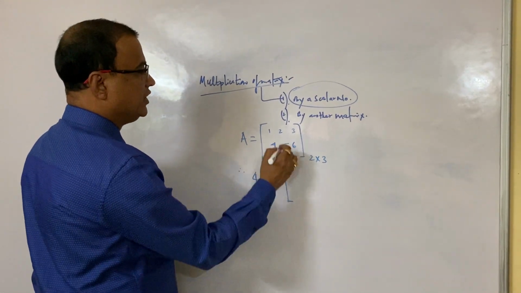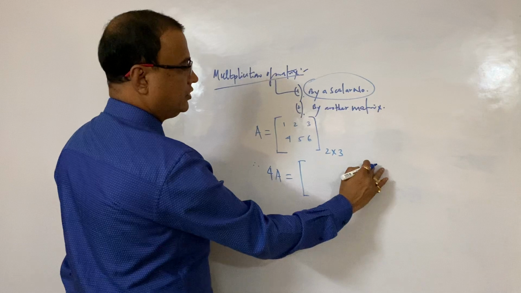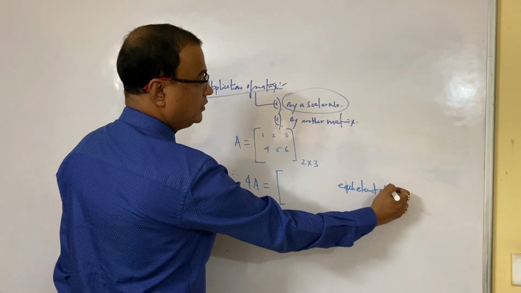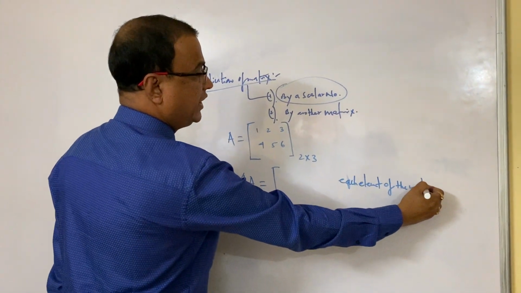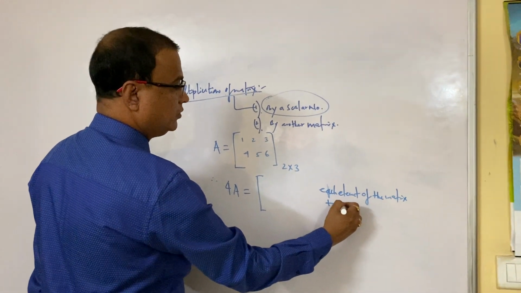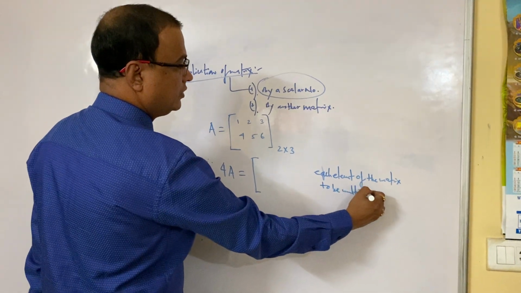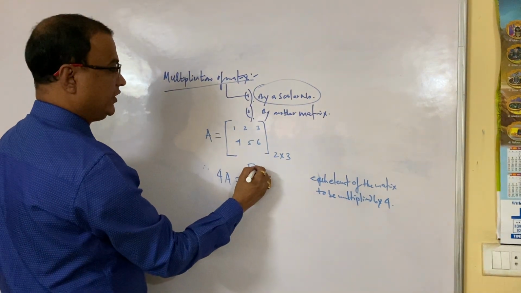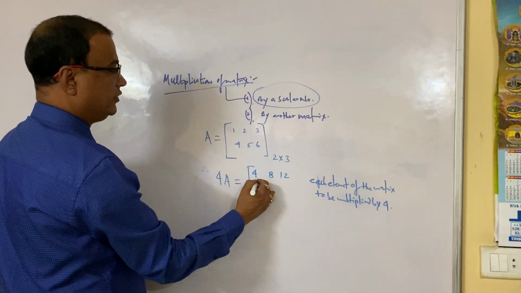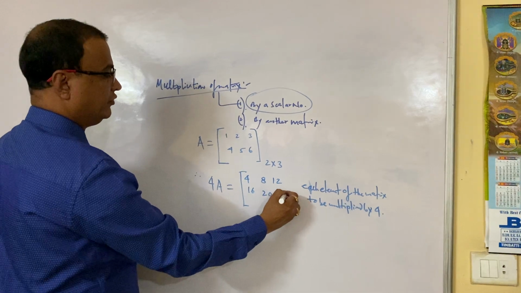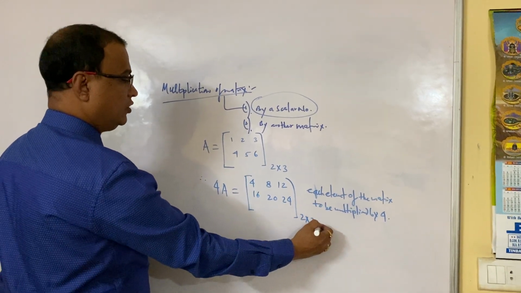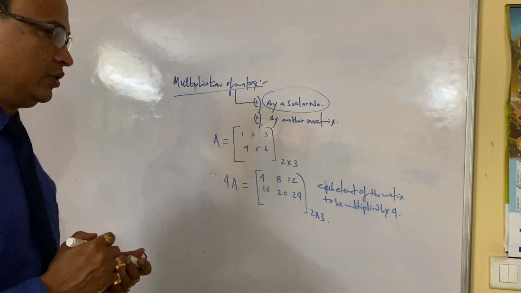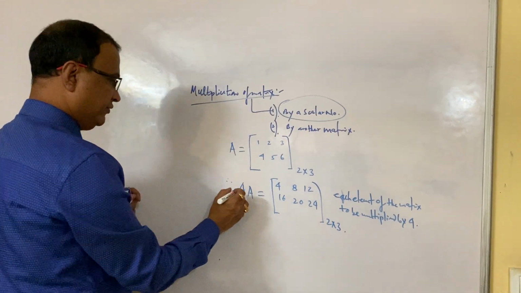As simple as that, each element of the matrix is to be multiplied by the scalar number, that is 4. So if you multiply, it is 4, 8, 12, 16, 20 and 24. The order remains the same, only the elements are multiplied by 4 because we want to multiply the matrix by 4. This is one of the important pieces of information we have to keep in mind.